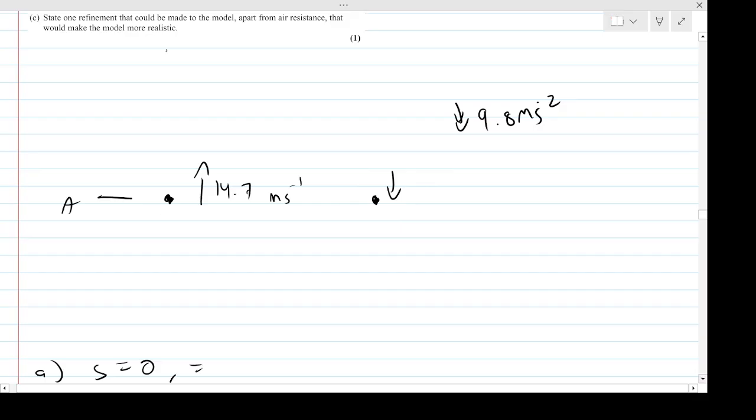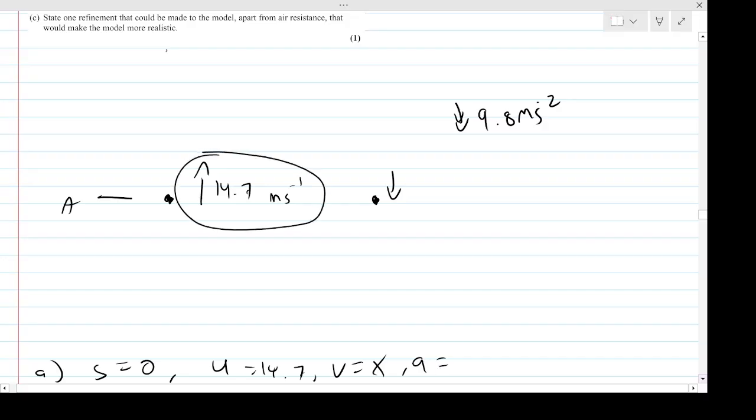So s is 0. u, my initial speed, is 14.7. v, I don't care about because I'm interested in time. a, well, if up is positive, then the acceleration down is negative, so negative 9.8, and t is capital T.